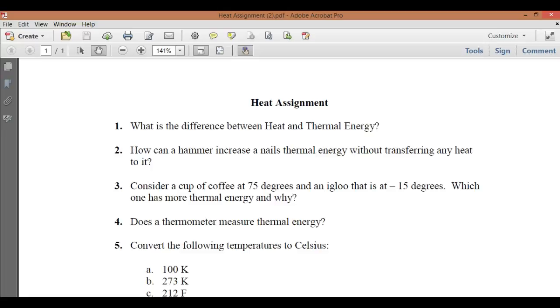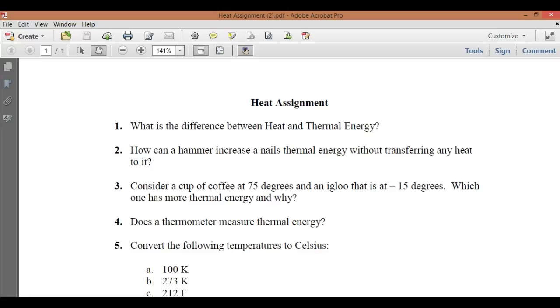How is that possible when things move a lot slower in something that's cold like an iceberg as opposed to something that's hot like a cup of coffee? Exactly. So you have to consider both the number of particles and how fast they are moving. When we talk about heat, it is the transfer of that thermal energy.